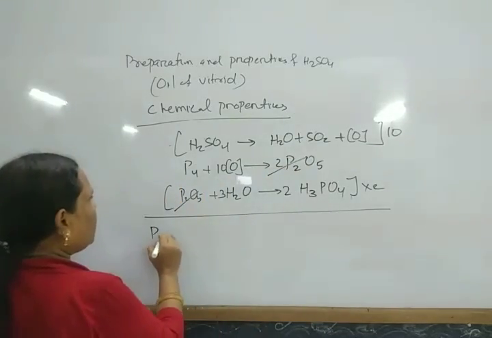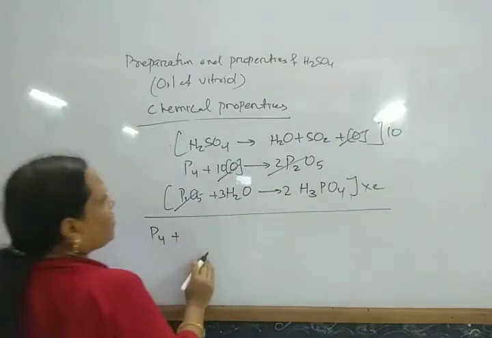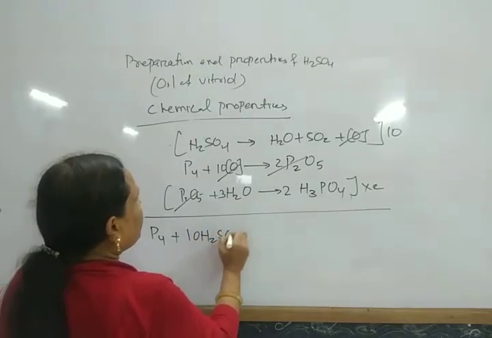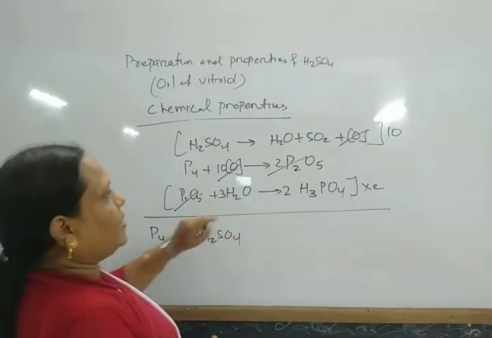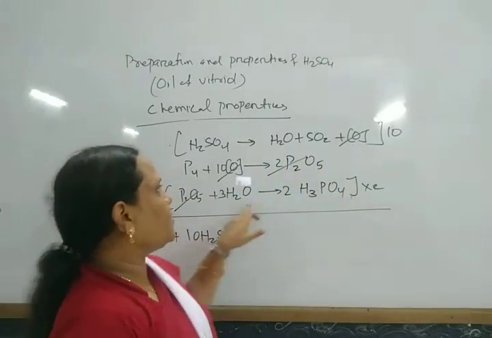P4 plus 10 O plus 10 H2SO4, and here water is 10 H2 and here there is 6 H2O.